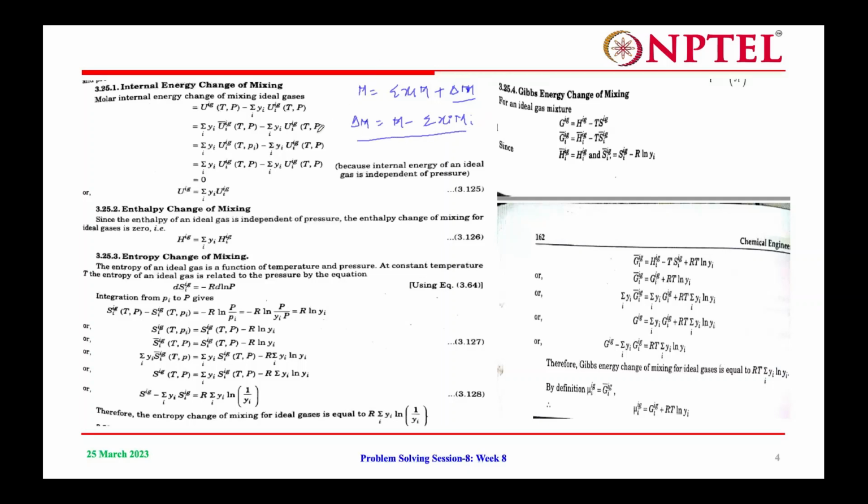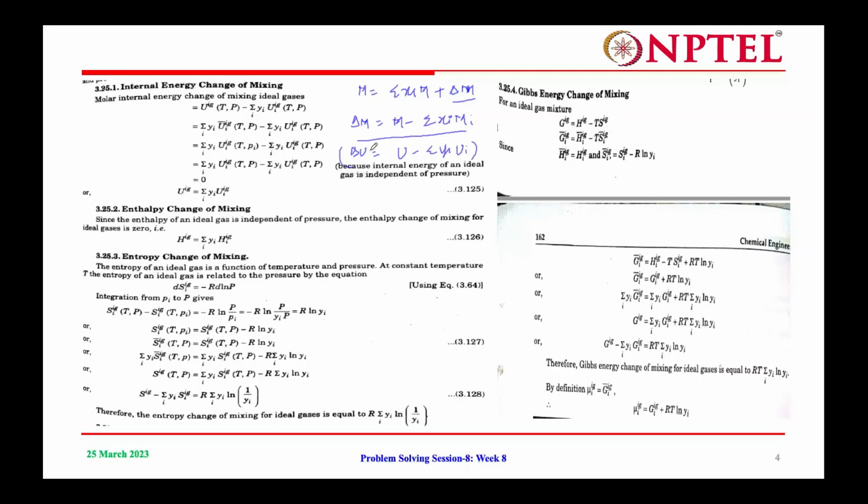Now put all the properties here, like internal energy. So delta U is equal to U minus summation of yi Ui. So this is for the ideal gas mixture.